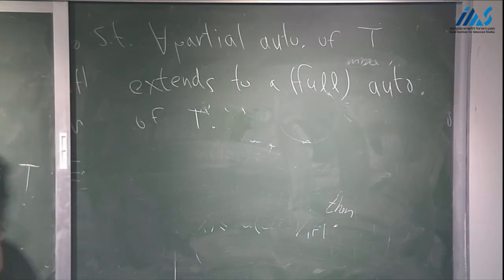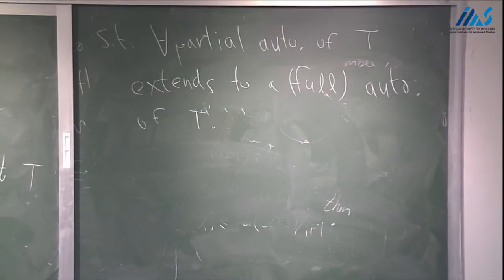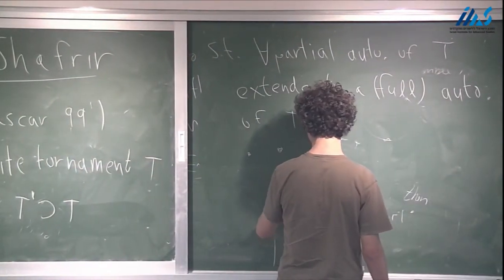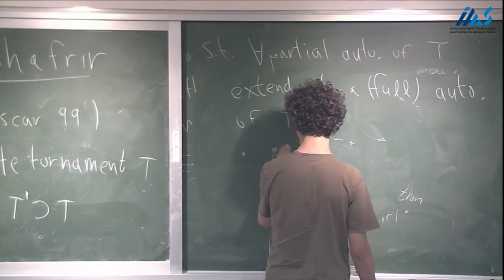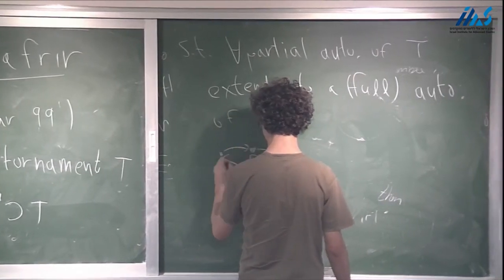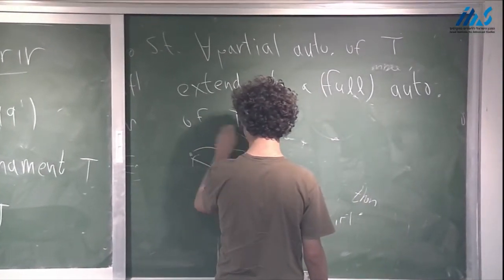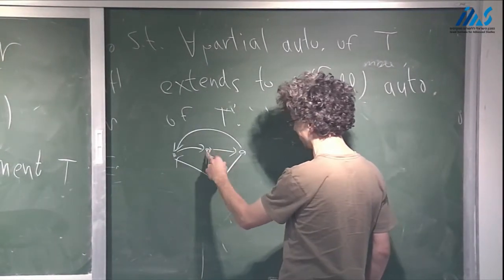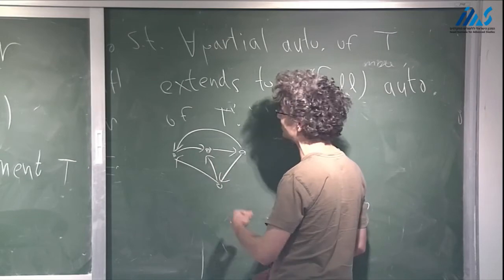So what is a tournament? A tournament is just you take the complete graph and you orient the edges in some way. For example, you think about this as players, where each pair plays and one of them wins. This is why it's called a tournament.